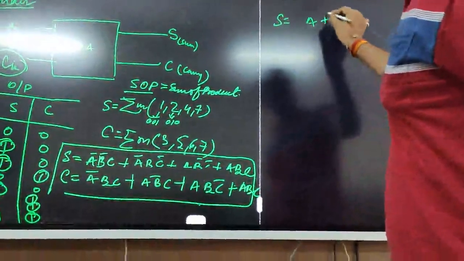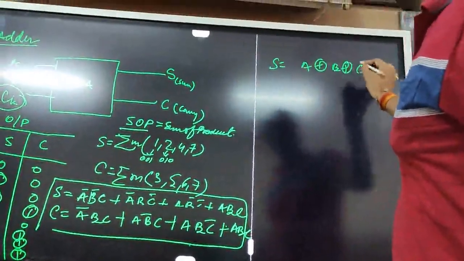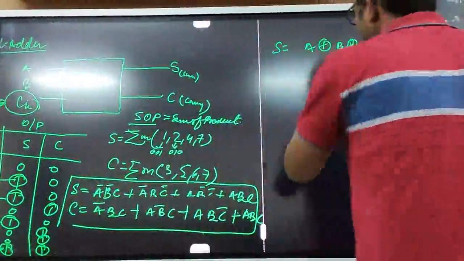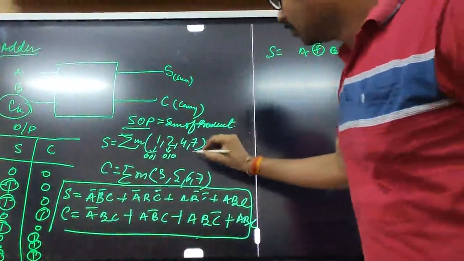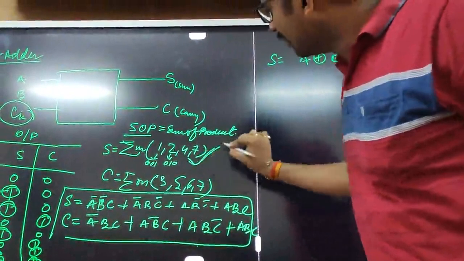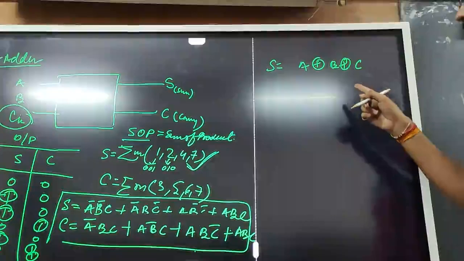If you solve here with the help of a K-map, the sum will be A XOR B XOR C. You may also remember that this kind of combination represents the XORing of 3 terminals.